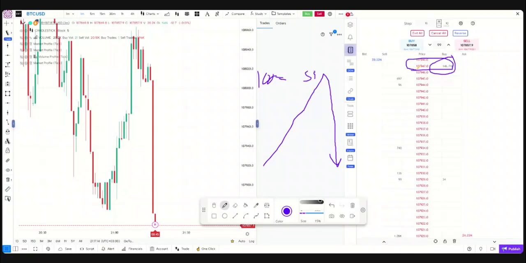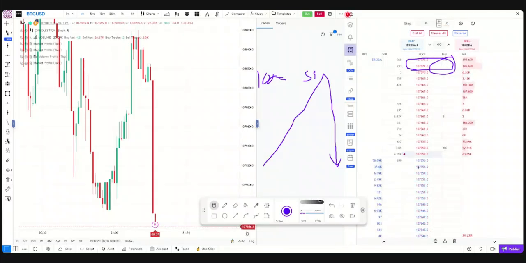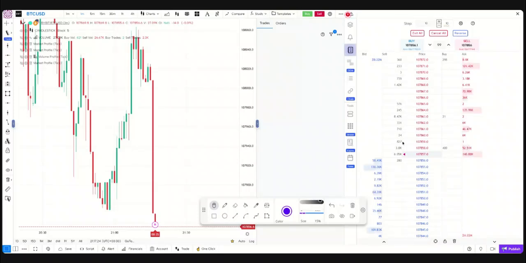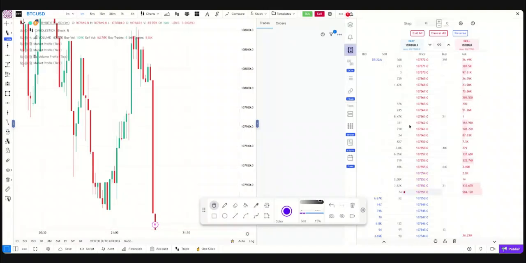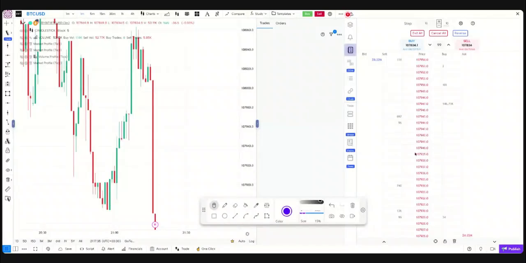For example at 107,947 we can see there were very large orders up there. Let me see the current price. If it's a lot of buy orders, most probably it's a buy limit, a bullish order block there. If it's a lot of sell orders, most probably there is a bearish order block at that specific zone.